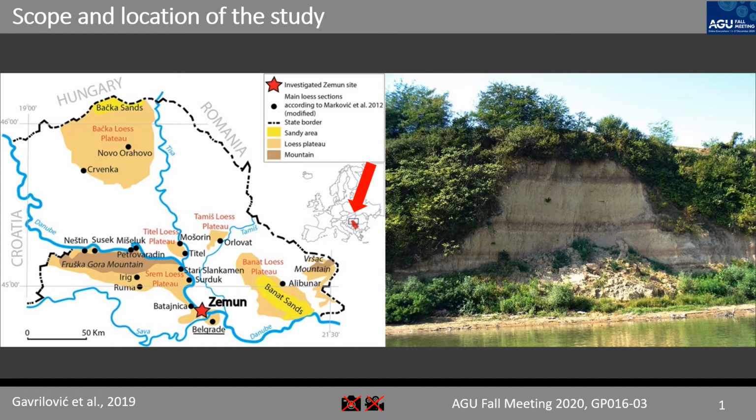It's the northern part of Serbia, and you can see on the map the major distributions of loess in this region. On the right side, you can see a photo of the Zeeden loess-paleosol sequence, and these brown stripes are paleosols which witnessed interglacial conditions, so warm and humid conditions.